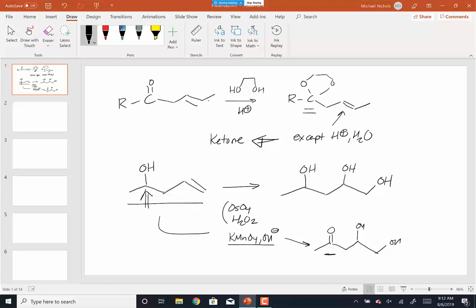So one of the ways we can protect an OH group is to convert it to an ester. Sometimes people will do that. But in the book, they talked about using what's called a silyl reagent. So one of the ways to protect alcohols from further reaction is to protect them as a silyl ether.